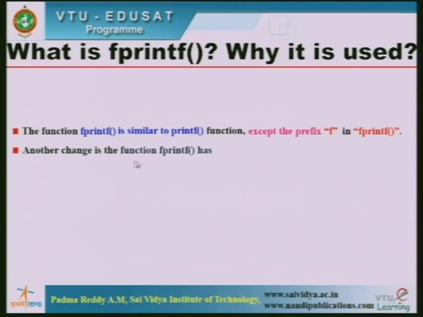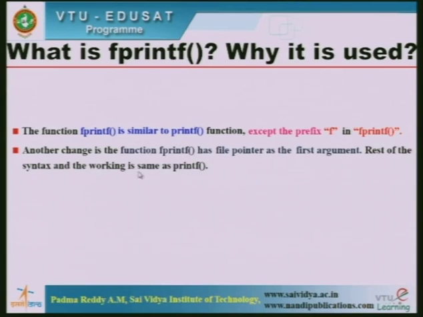So the only change in the function fprintf is that it has a file pointer as the first argument. printf will not have the file pointer as the first argument, whereas fprintf will have the file pointer as the first argument. So the rest of the syntax and the working is the same as printf.